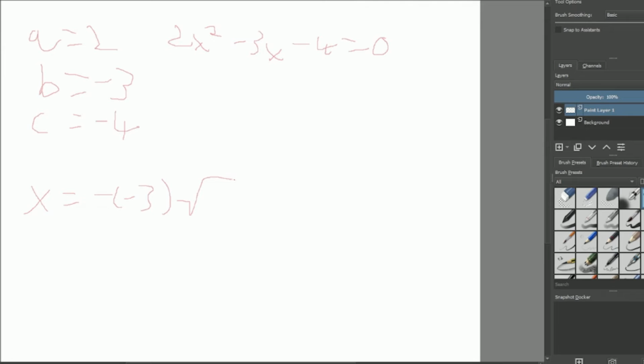And then we'll do the root of -3 squared minus 4 times 2 times -4, dividing by 2 times 2.